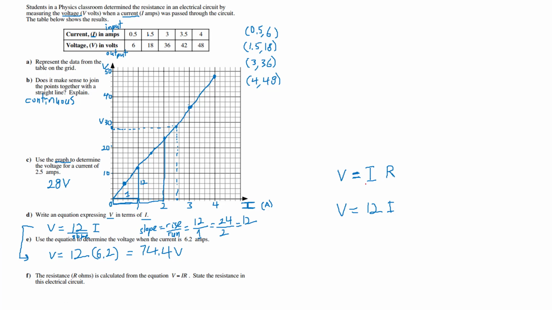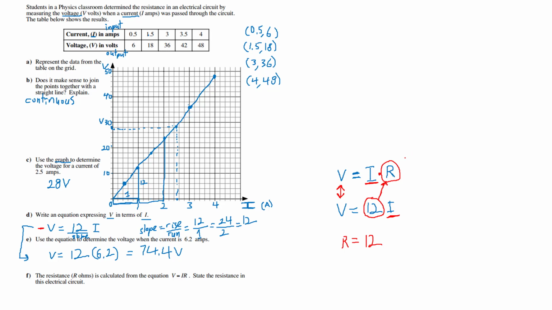Interestingly enough, the I matches up, the V's match up here. So it's I times 12 gives me my voltage according to the equation I've built here, which I got from the graph. So V equals IR. What am I multiplying I by here? R. Look at that. R is equal to 12.